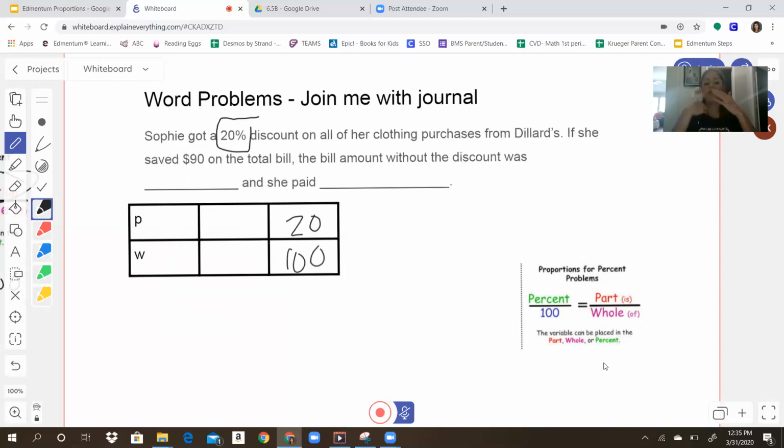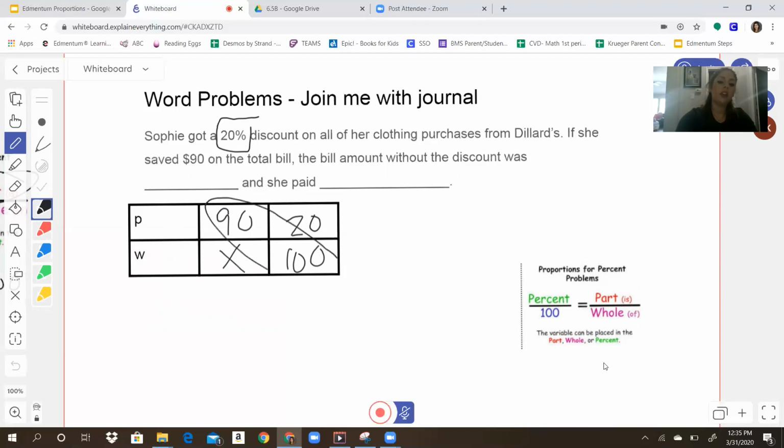Now again, take your time and study out these numbers. $90 is a savings. So is $90 your part or your whole? To savings, so that is my part. Okay, so we want to know what was the whole bill if $90 was the savings.